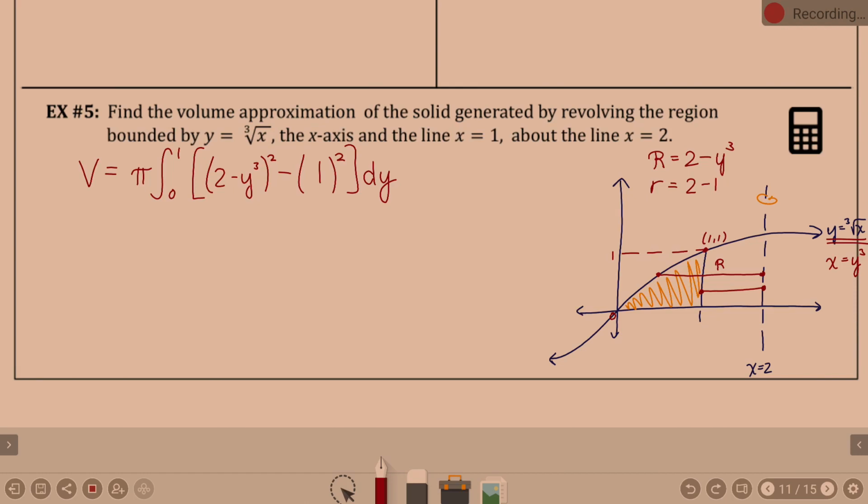Now, officially it says calculator, yes? I wouldn't worry about squaring this out if it says calculator. About the only thing I would do is drop off the square of the 1 here, but pi times the integral from 0 to 1 of 2 minus y cubed squared minus 1 dy.